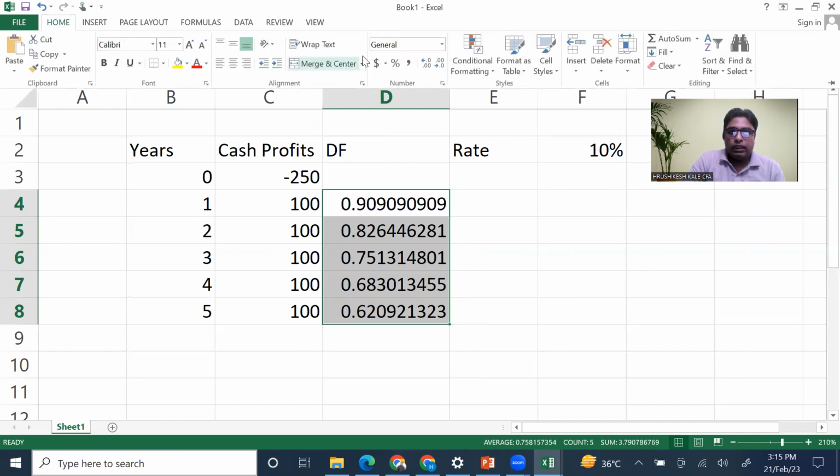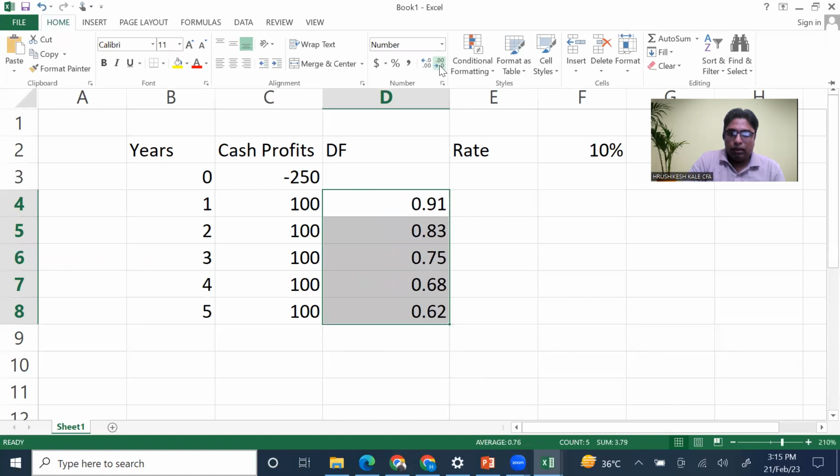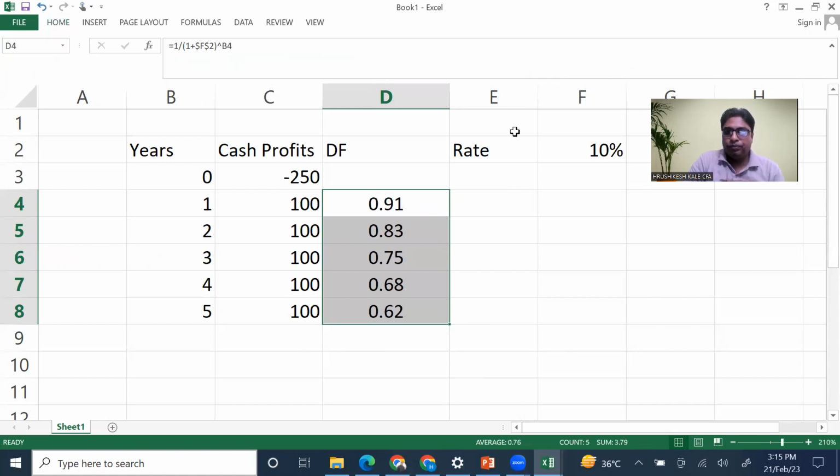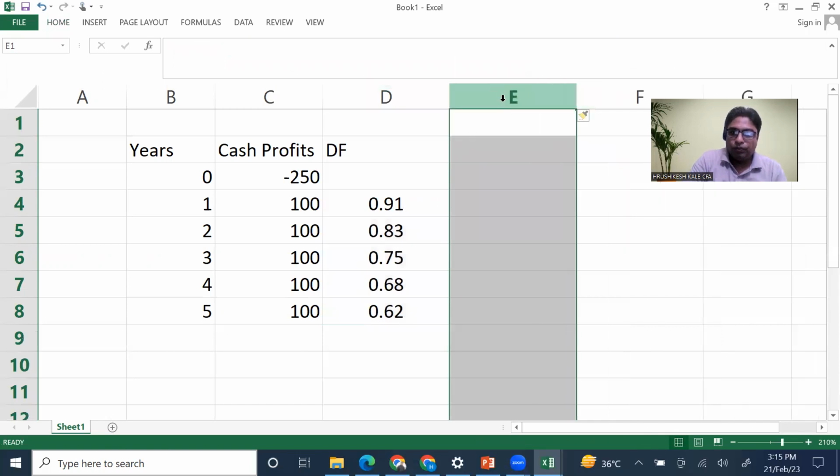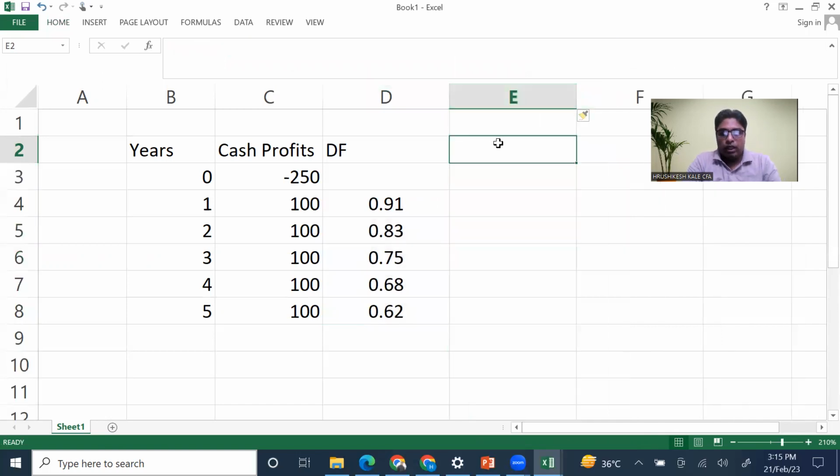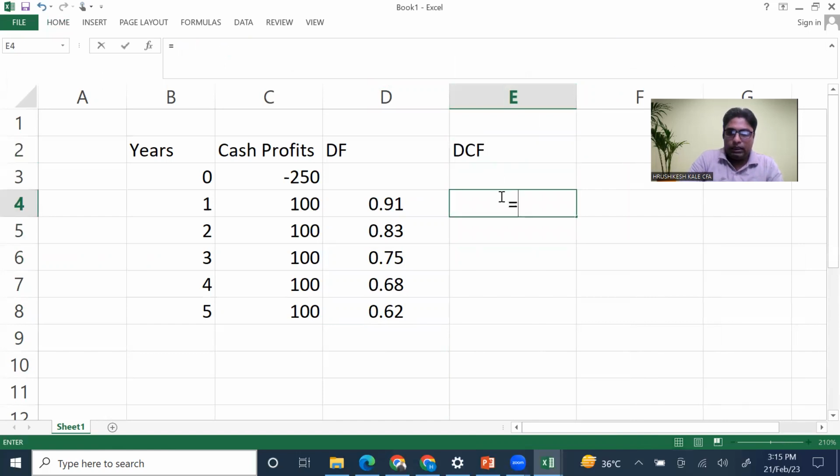Now, discounted cash flow is equal to cash profit multiplied by the discounting factor.